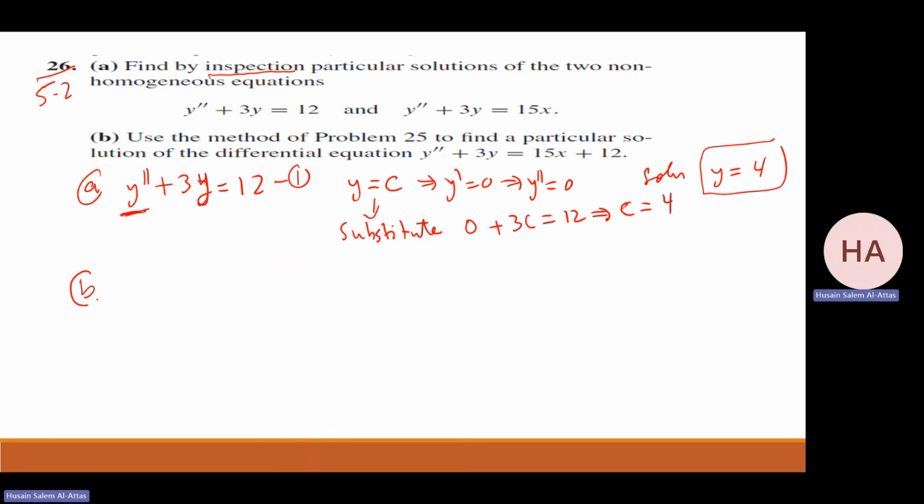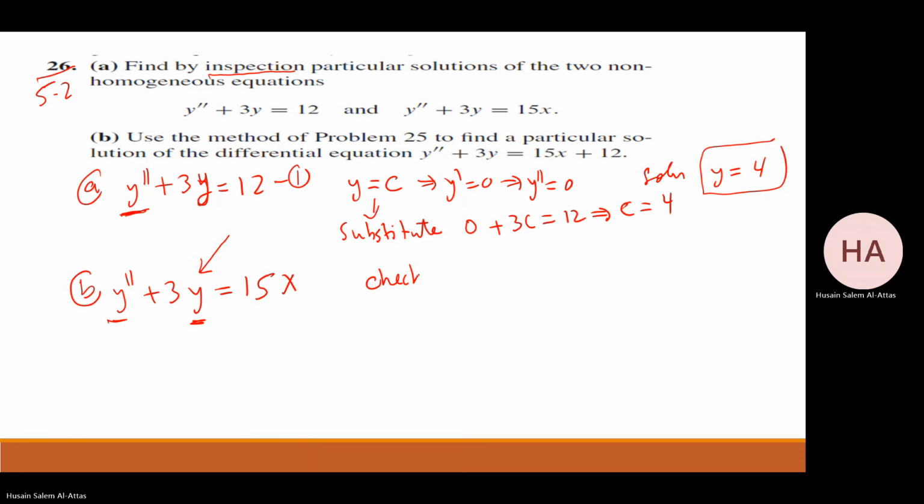Now B, y double prime plus 3y equals 15x. So for sure I need y to be a function of x, because y double prime will make it 0. It will be a constant times x, so I need 5x actually.